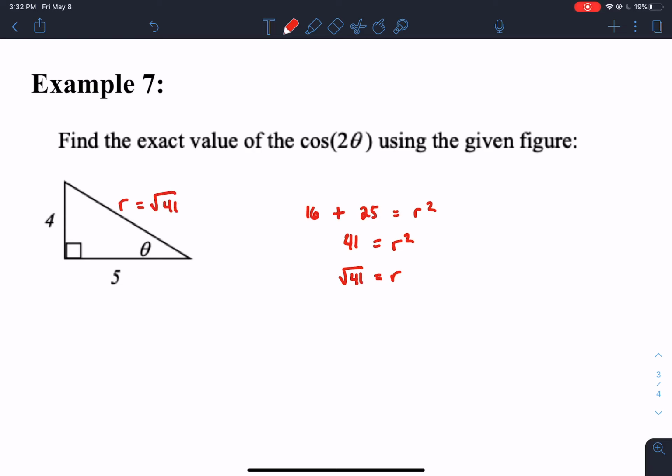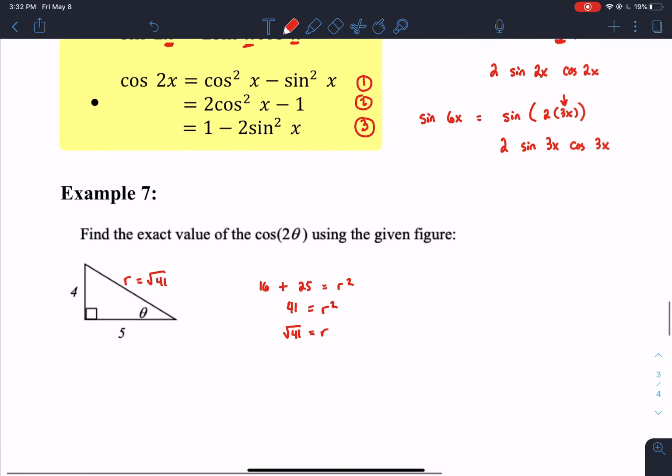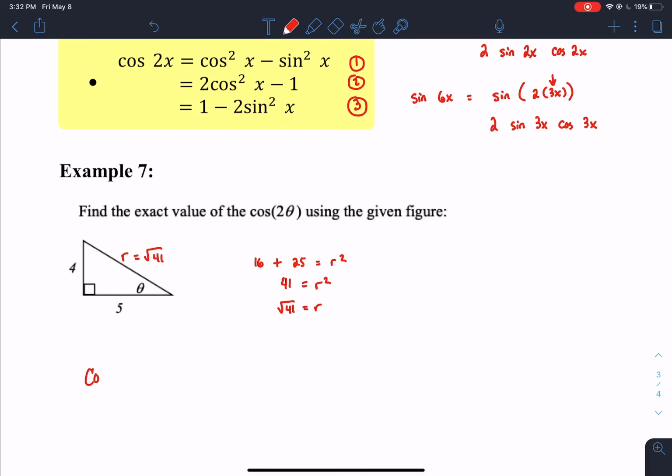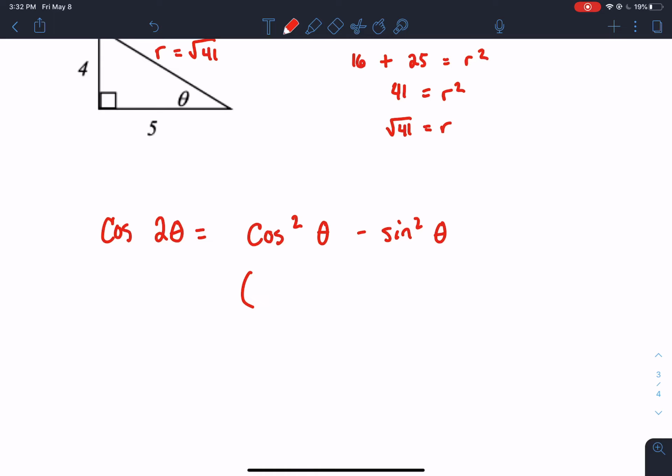So it says cosine of 2 theta. Now we can use any of these 3. It doesn't really matter, so just for purposes, we'll use the first one. So cosine of 2 theta is the same thing as cosine squared of theta minus sine squared of theta. I'm sure you remember when we talked about this, you're really taking cosine of theta and then squaring it. So what would be cosine of theta?